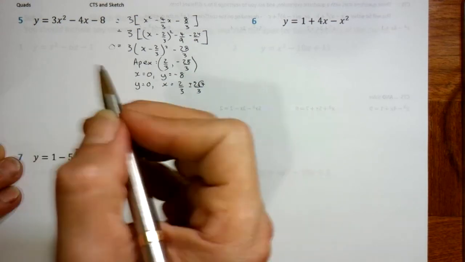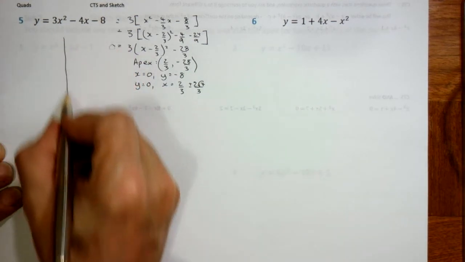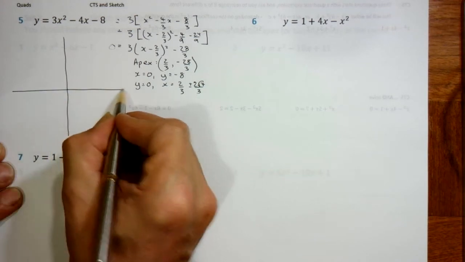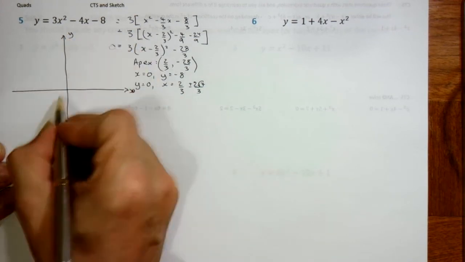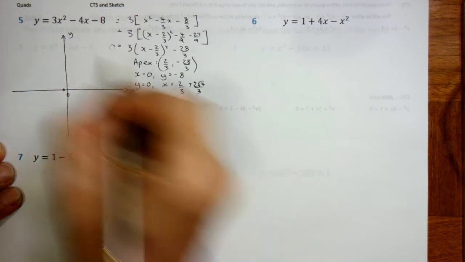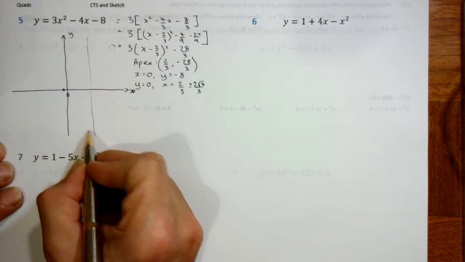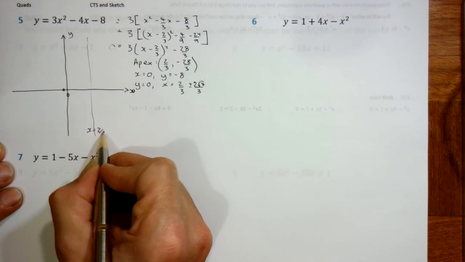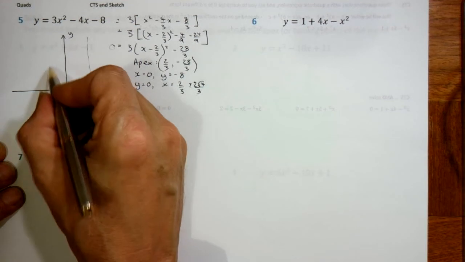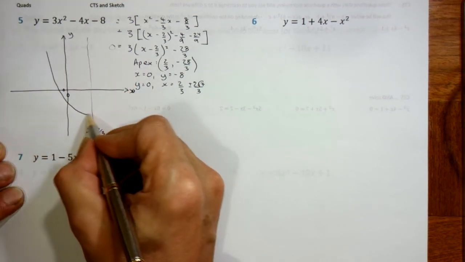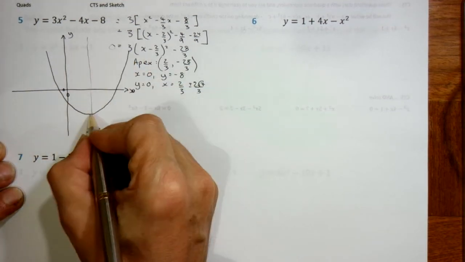So where's our graph? Draw a lovely graph, x-axis, y-axis, naught and naught. 2/3 is again the line of symmetry, so x is equal to 2/3. We want a y-intercept which is negative, and our graph looks something like that.